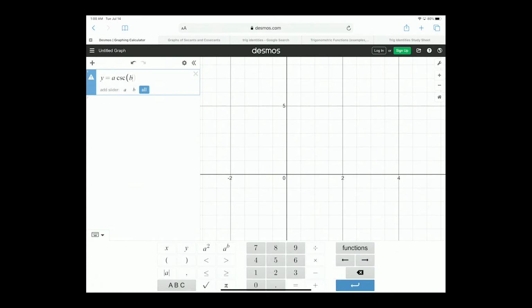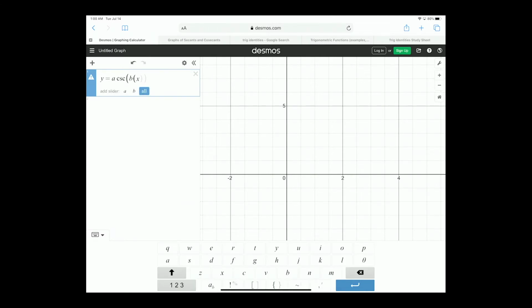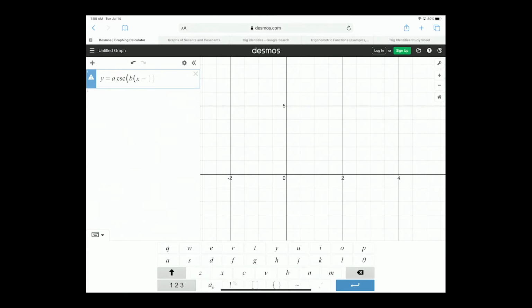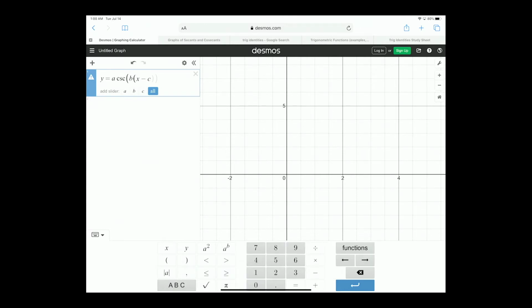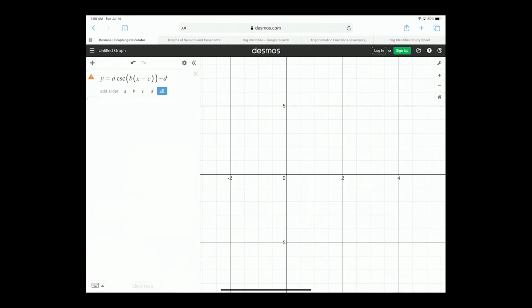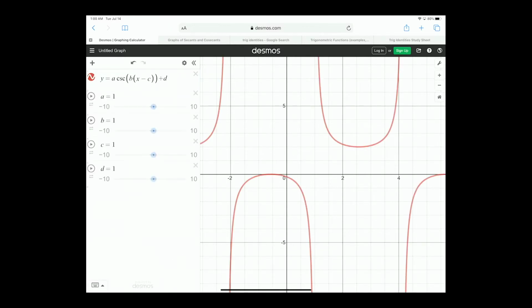B, parentheses, X minus, I'm going to write this as a C, but the way I wrote it, it's actually the phase shift, not the normal C. But what letter I use doesn't matter. And then plus D. And it's going to say, do you want sliders? And I say, yes. I want sliders for everything.